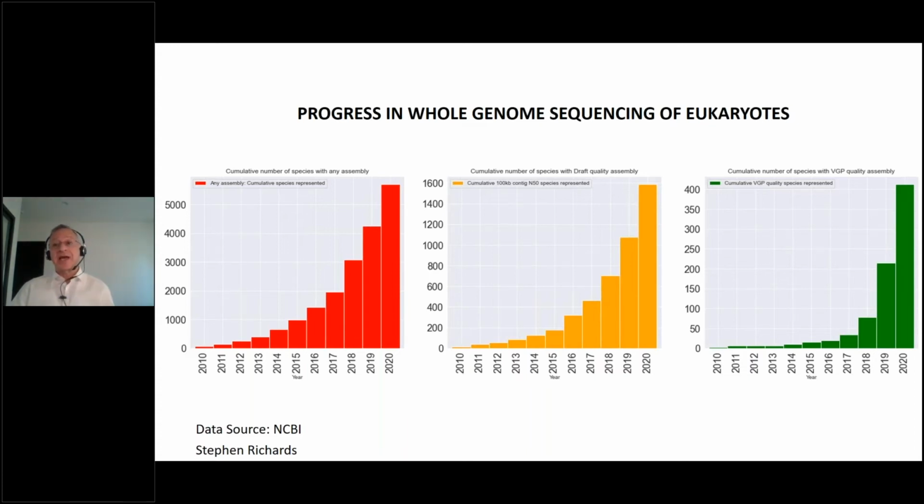And the exciting thing in looking at that figure on the right is, in green, you can see this doubling of reference quality genomes in the last year to 400. Now, most of those genomes have been produced by EBP affiliated projects. About half of those are actually fungal genomes that have been produced by JGI, and that's for the 1,000 Fungal Genomes Project.